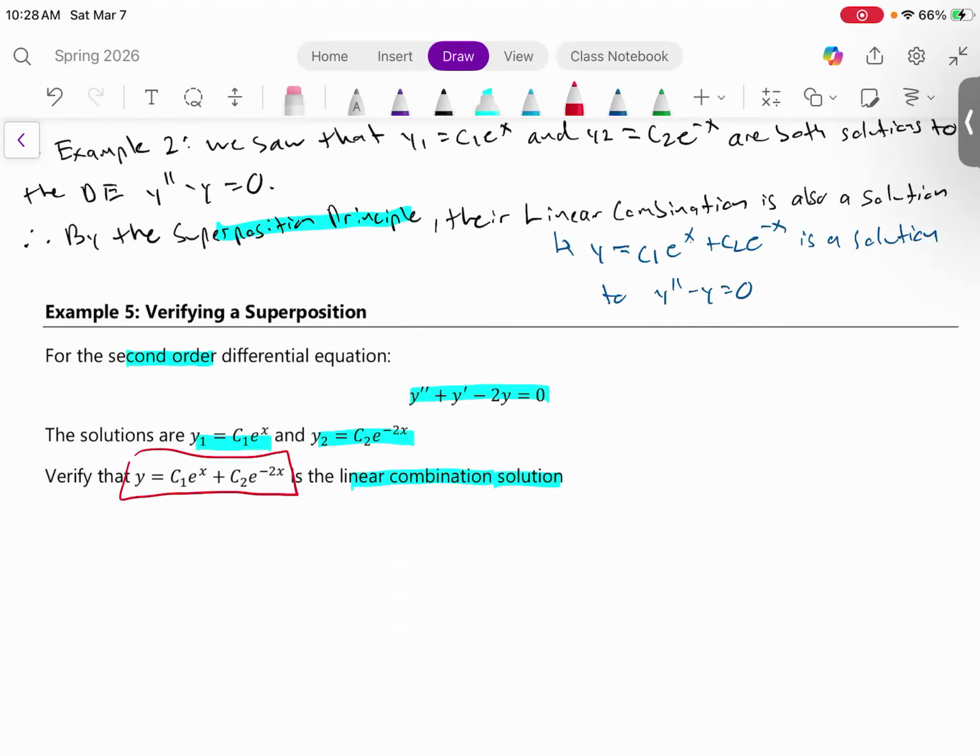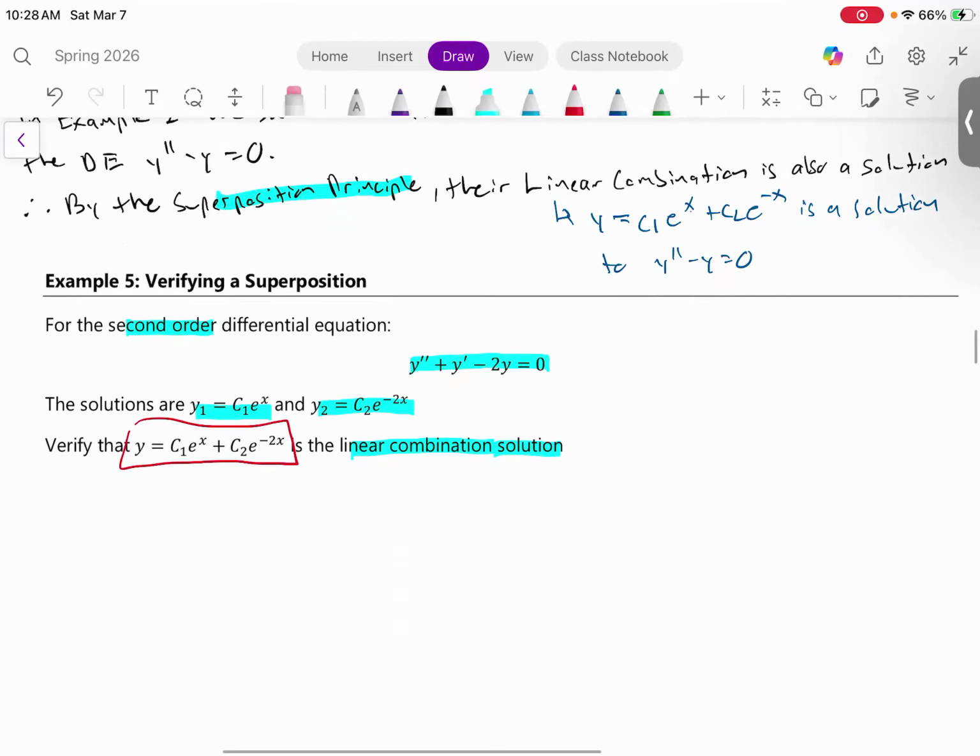This is a second order equation, so what I need to do with this linear combination is take a first and second derivative, plug back into the equation, and then verify that it's a solution. Let's get the first derivative.